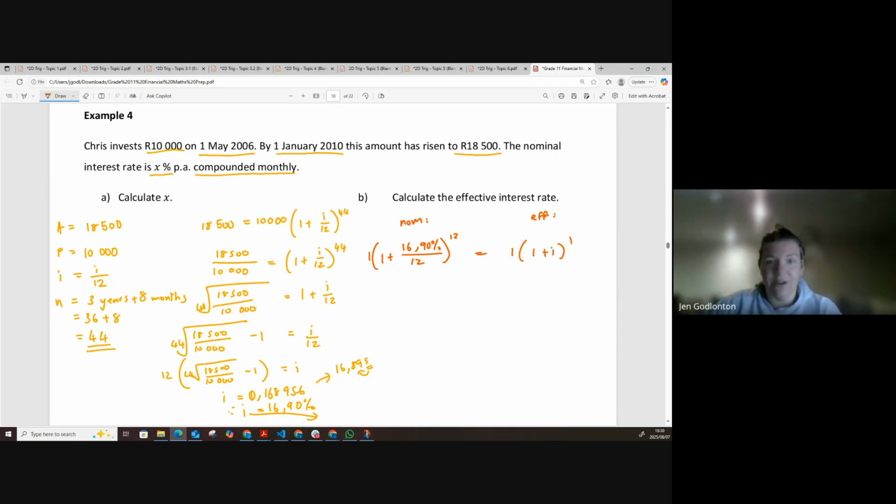And then we're looking for I. So we can pop this straight into the calculator exactly like that. And we would land up with 1,1827 is equal to 1 plus I. So 0,1827 is I. Therefore, our effective interest rate is going to be 18.27%.